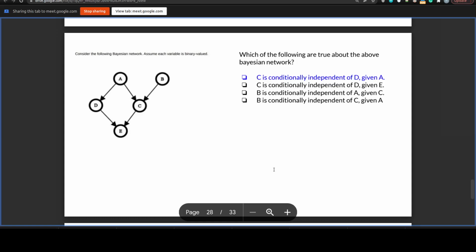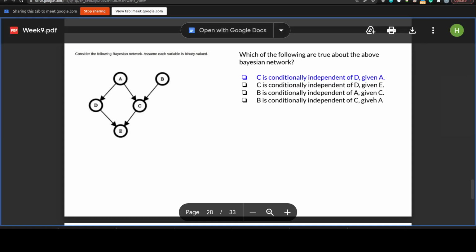Now let's say I want to do B and A given C. So I want to calculate the joint probability of B and A given C. If I am given C, I cannot write that as P of A into P of B, because this is not independent.